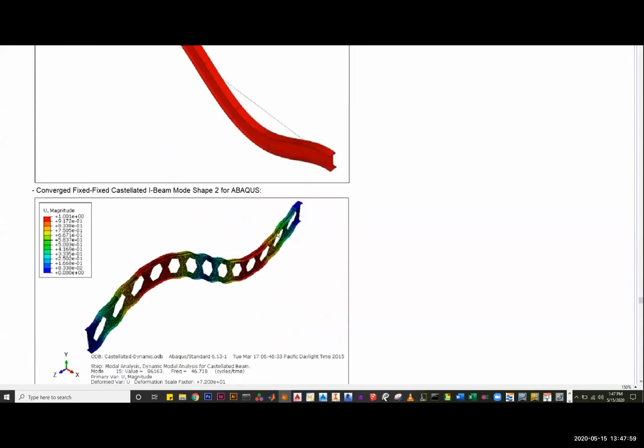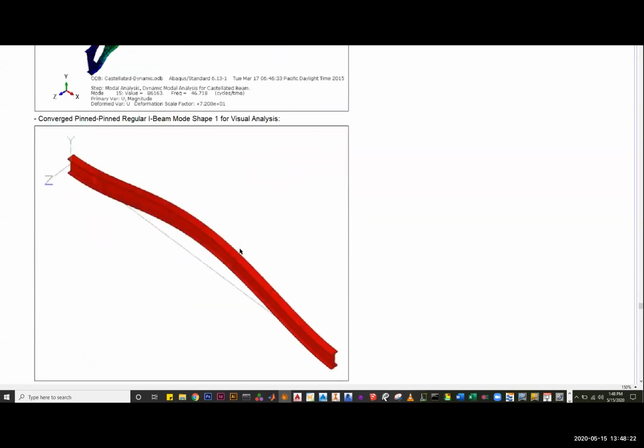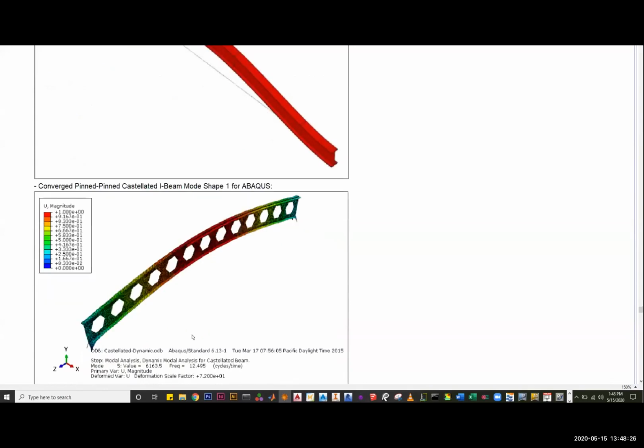The behavior is similar to what we saw in the static case: since the castellated beam has a lot of perforations, you're reducing the stiffness, which increases the vibration. For the pin, your first mode is similar, and then the castellated.